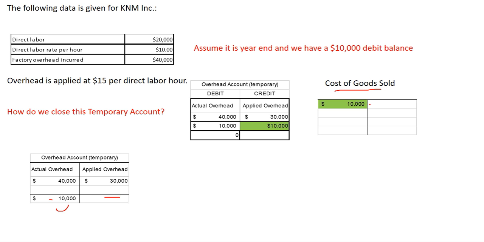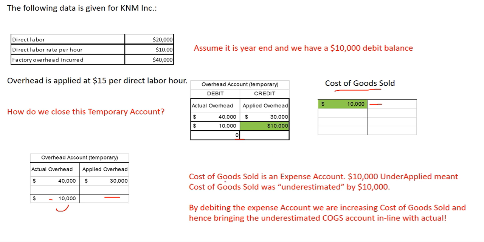Now, what's happening here? Let's see in a bit more detail. So I debited cost of goods sold. It's an expense account, and as you see here, I closed the temporary account. Now, first of all, cost of goods sold is an expense account. $10,000 underapplied here meant we didn't apply the proper overhead.